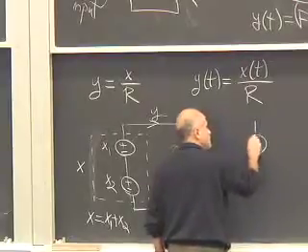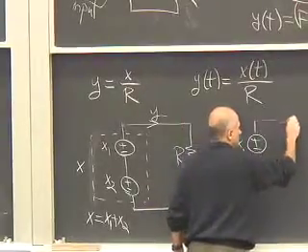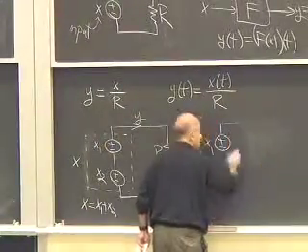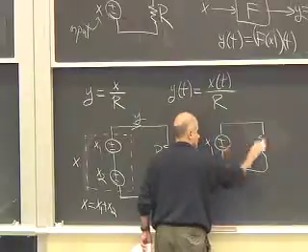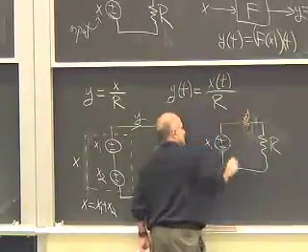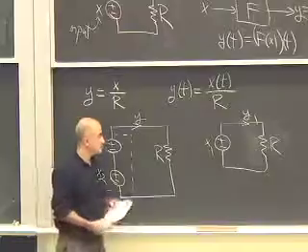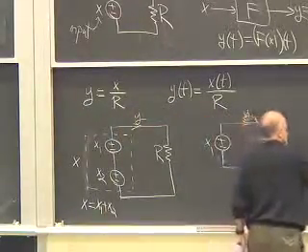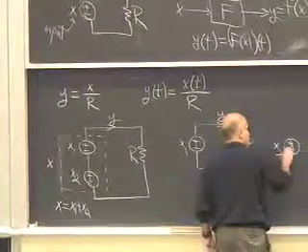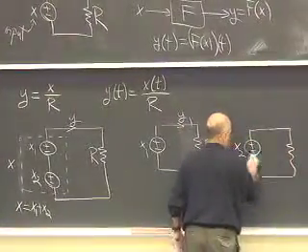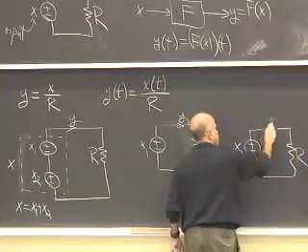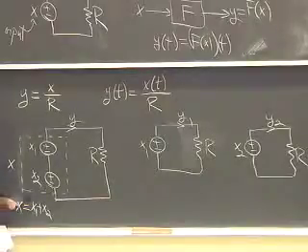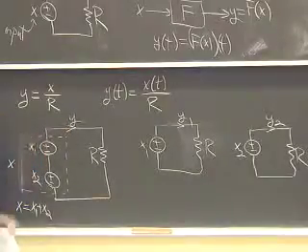Now I can draw two figures, with R, where I say the corresponding response for x1 is y1, and the corresponding response for x2 is y2. Can you tell me what the response y is to the combined sources?